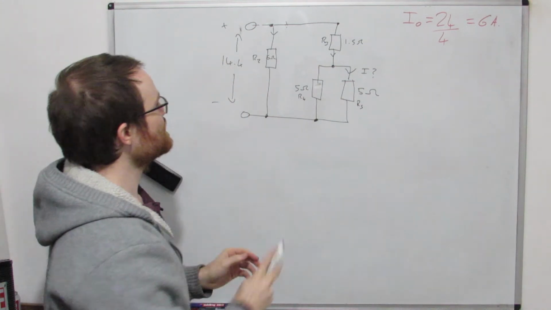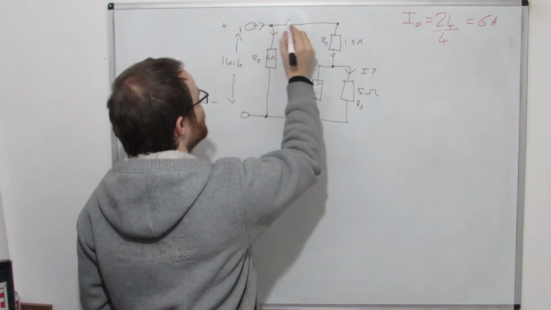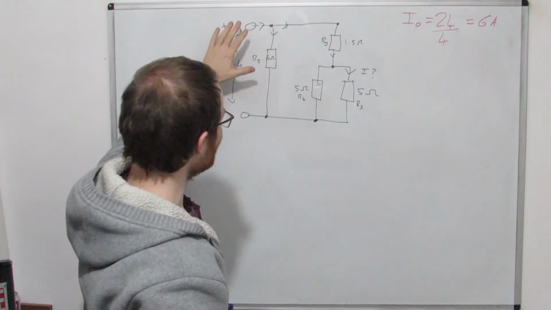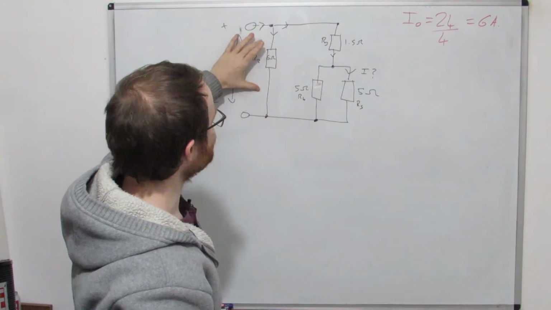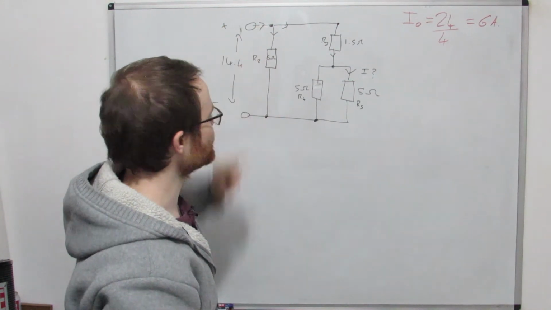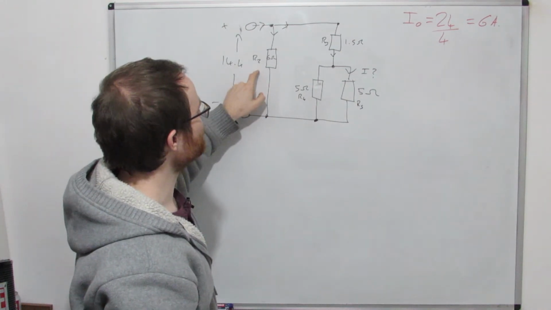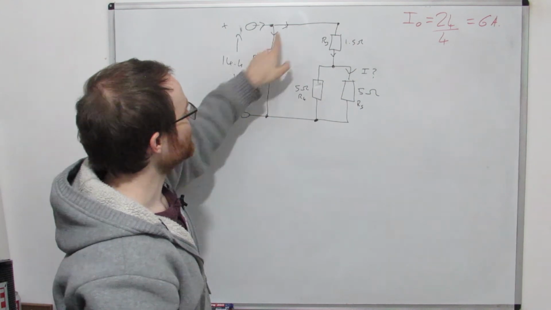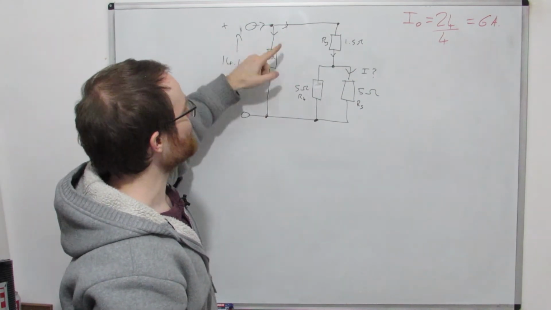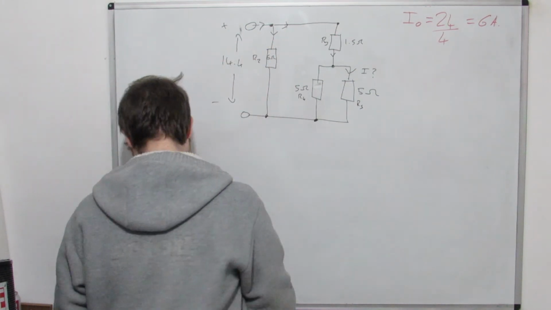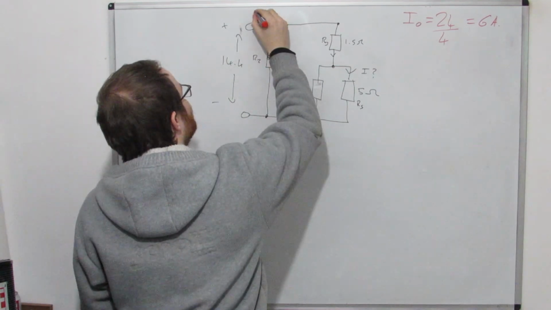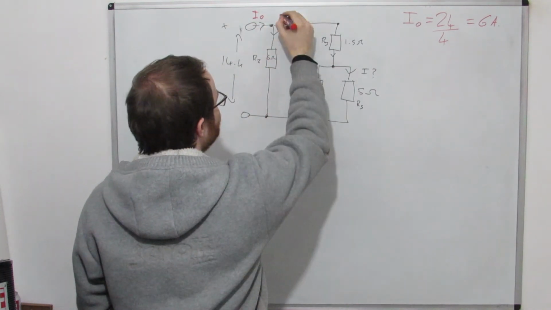So now we know that we've got 6 amps coming in here, and we know that we've got 14.4 volts across this single resistor. That easily allows us to calculate the current through R2, and then this other branch of the current will just be 6 amps, which was our I0, remember? I0 coming in here.